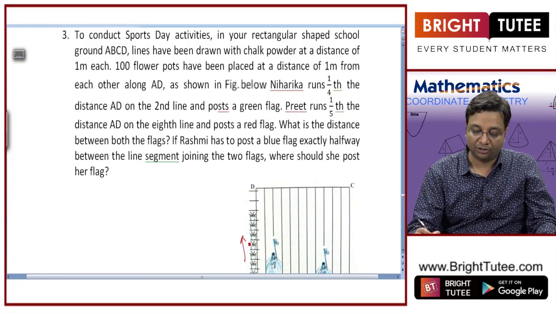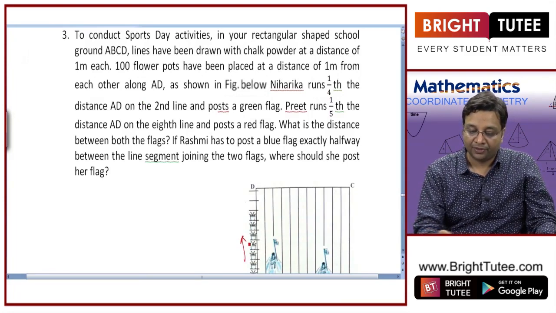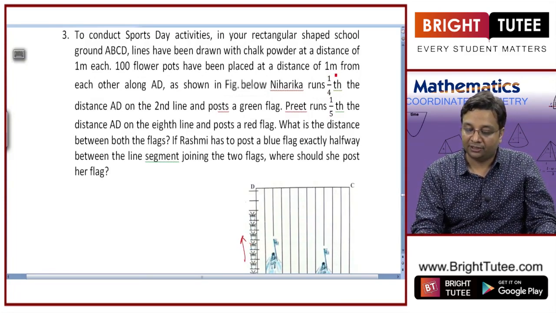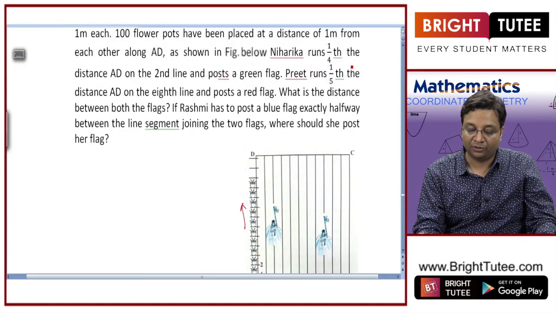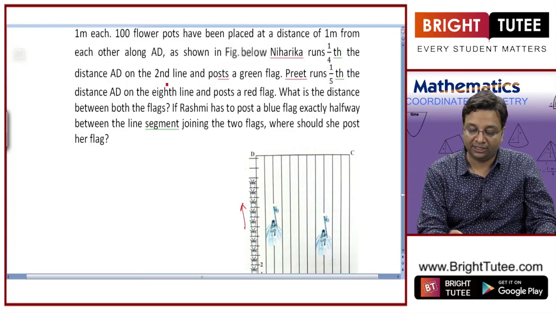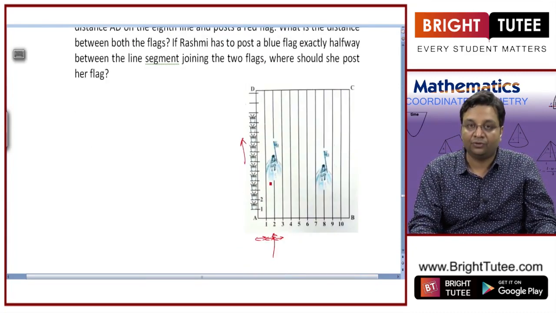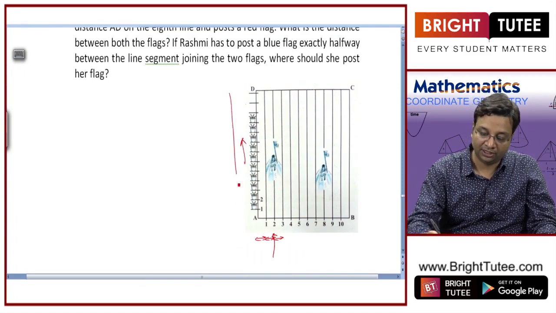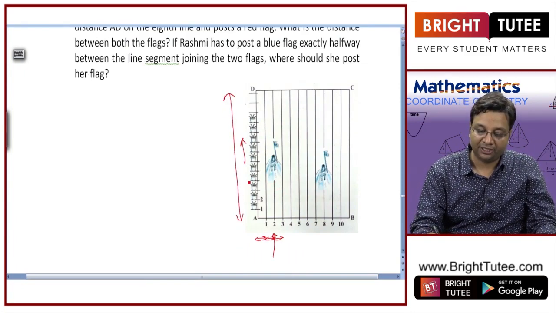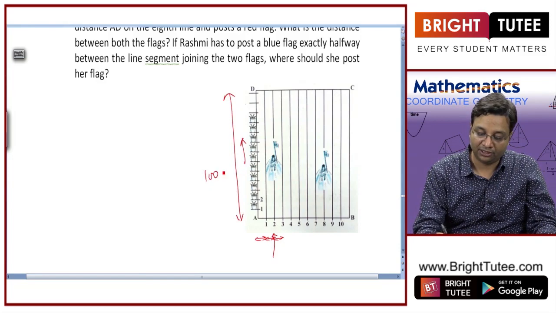These are 100 flower pots, right? So these are also at a distance of 1 meter from each other, right? So Niharika runs 1/4 of the distance AD on the second line. This is the second line, and she runs 1/4 of the distance. How much is the total distance? These are separated by 1 meter, so 100 meter total distance.